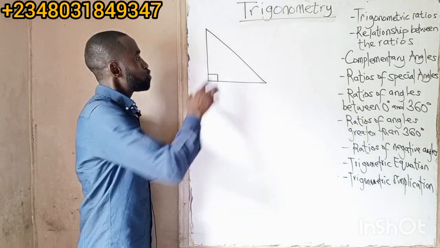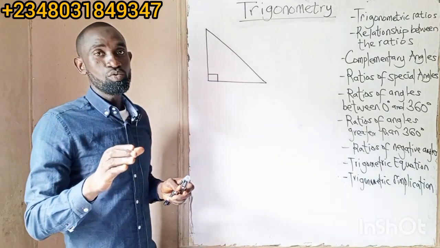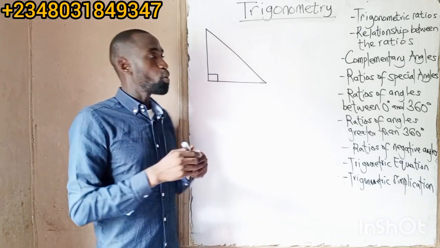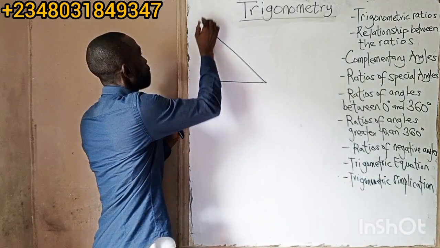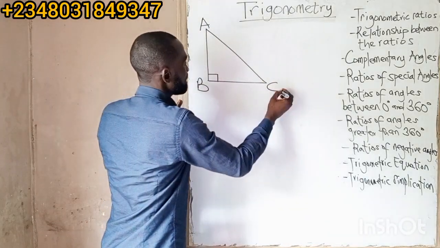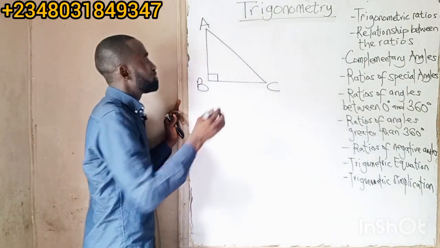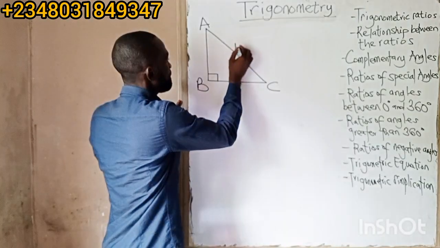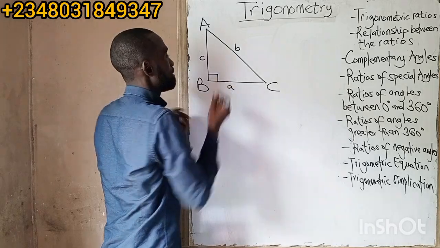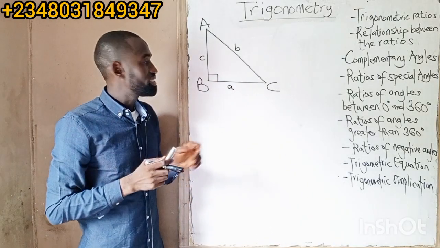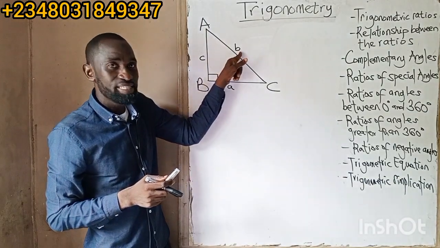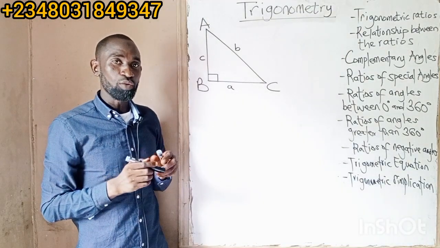Are you with me? To a right angle triangle, we have three parts and we have three angles. Suppose the angles given are angle A, angle B, angle C, and the sides given, we have side B, side C, and side A. The side that faces the angle 90 is what we call the hypotenuse.